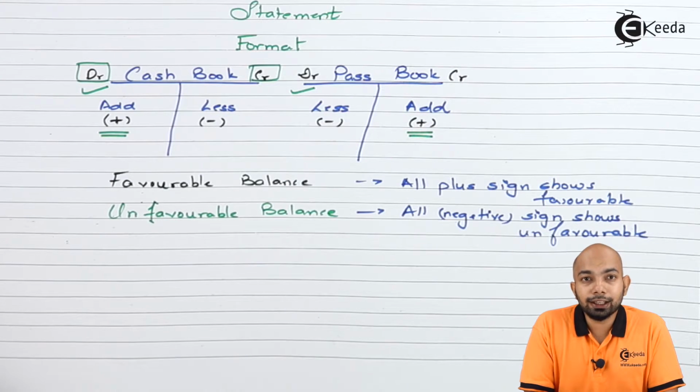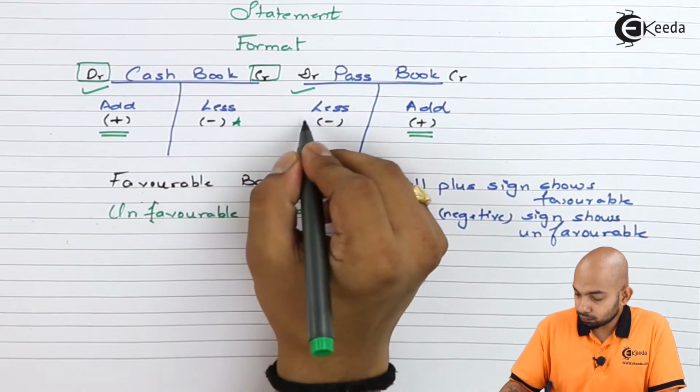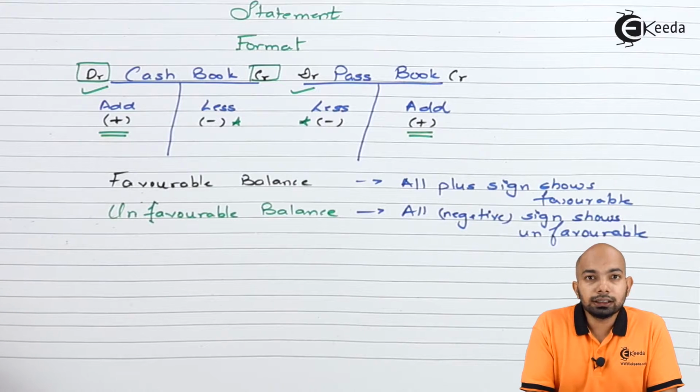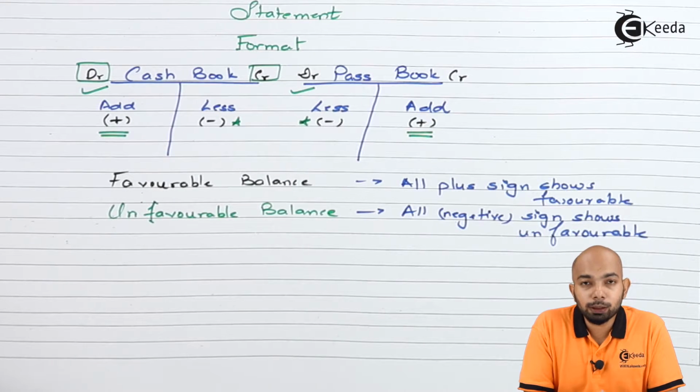Wherever there is a negative or minus sign, this shows that it is an unfavorable balance, which means either the balance is in overdraft or there is an excess of negative balance in the account.